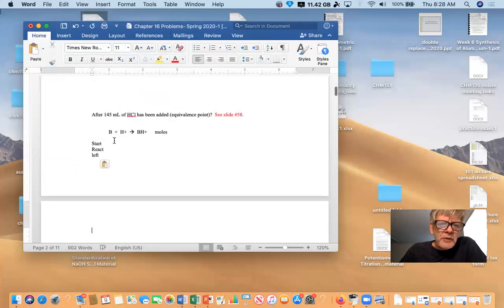But now, the amount of base doesn't change, but we've added more acid. And what we're going to find out on this one is that we're at the equivalence point, meaning that the moles of base that we had to begin with is now equal to the moles of acid. So they're both completely used up.